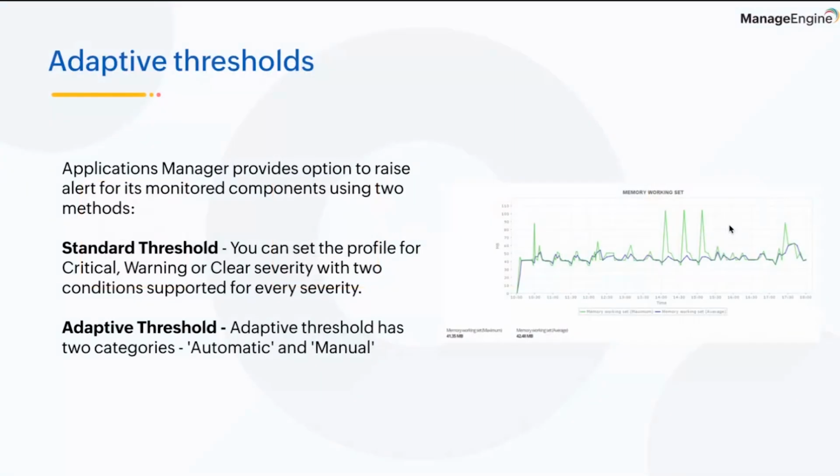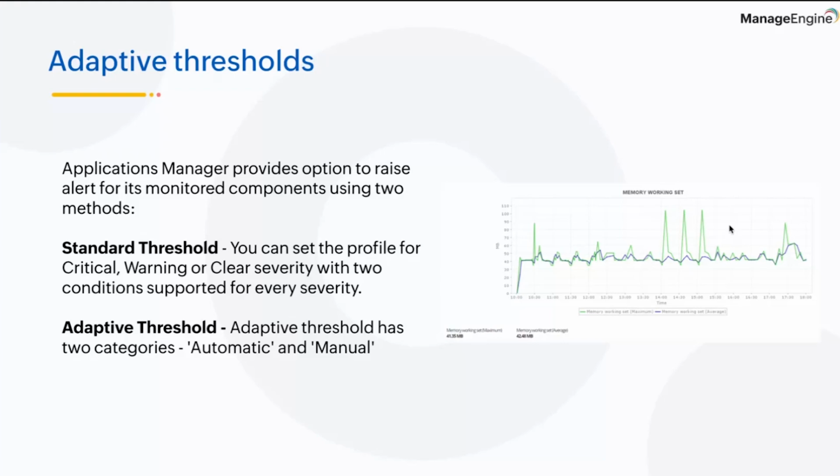The next one is adaptive thresholds. Now, Applications Manager provides an option to raise an alert for its monitored components, including two methods. So it supports standard thresholds as well as adaptive thresholds. For standard thresholds, you can set the profile for critical, warning, or clear severity with two conditions that are supported for every severity.